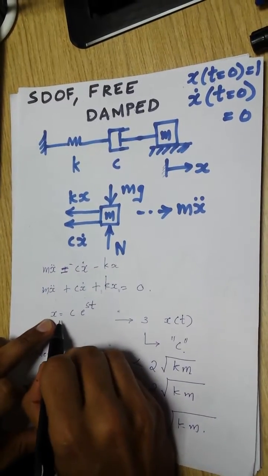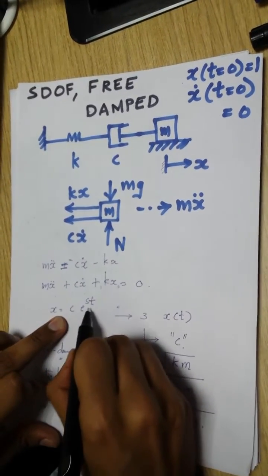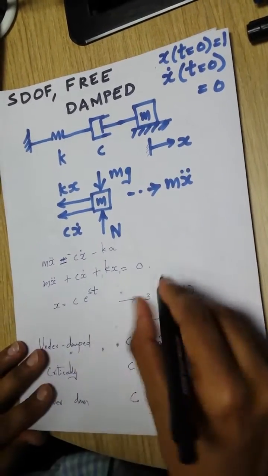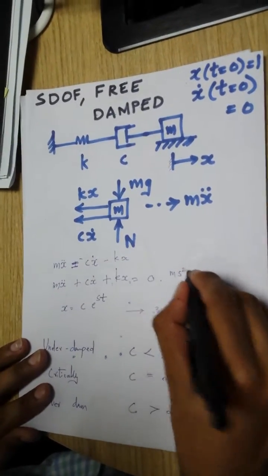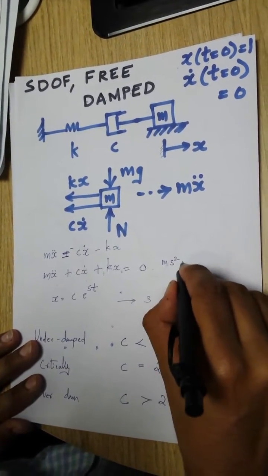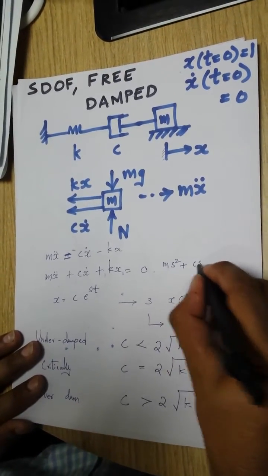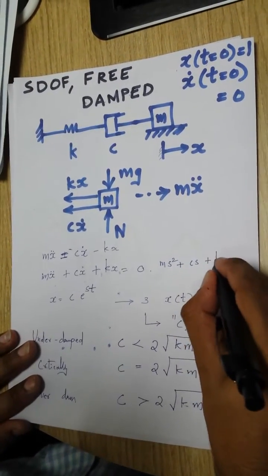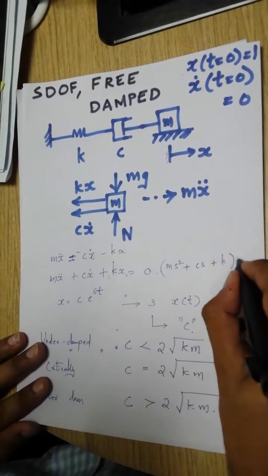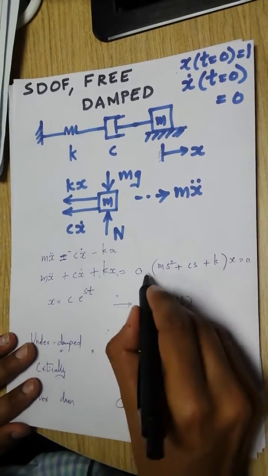Again, I will assume a solution for x in terms of C e raised to s t. Plugging this back, I will arrive at (m s square plus c s plus k) times x equal to 0.